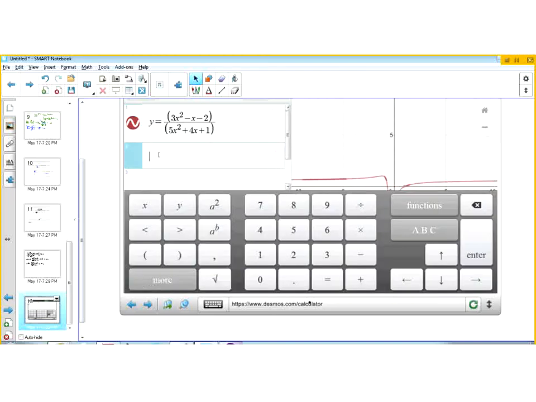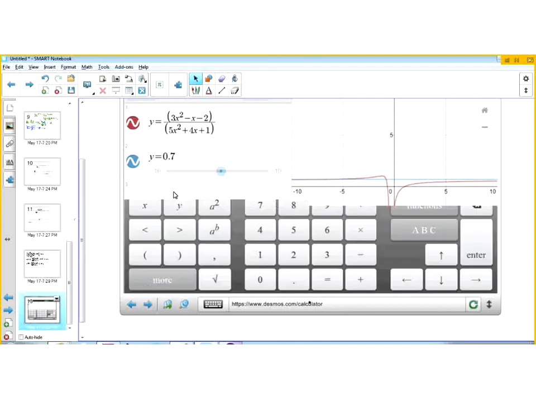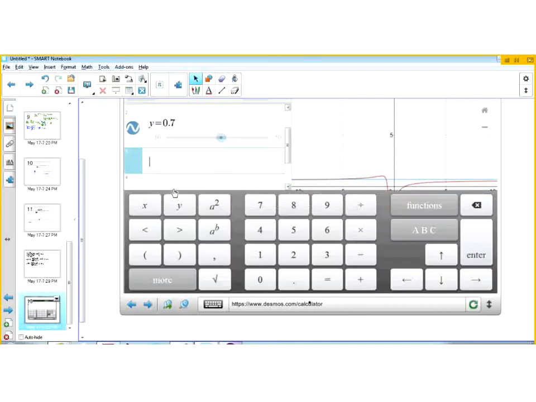Right. So now we want to define the range or the interval on the x-axis such that the output is less than 0.7, which is shown in blue, and the output of the function is greater than 0.5.